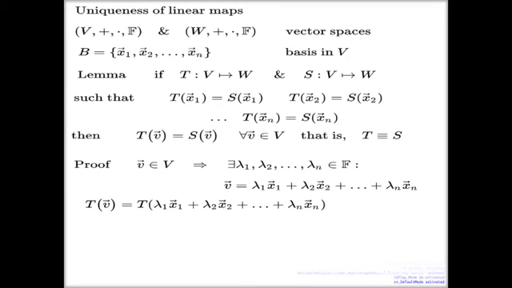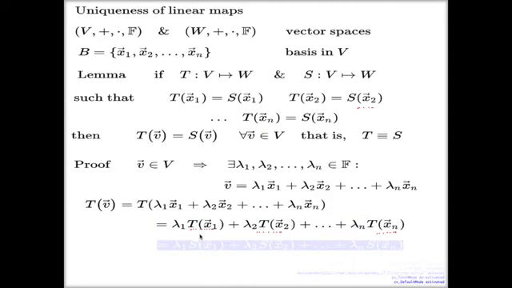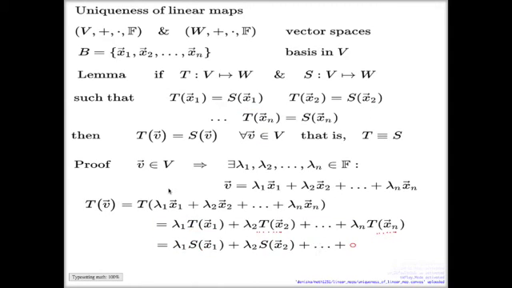You always use A and B requirements of a linear map in combination, like three. So I can apply my linear map individually to every vector and put the scalars after that. Now, given that on basis vectors my T delivers the same value as S, I can replace every T of x1, T of x2, T of xn with S of x1, S of x2, S of xn. This is where we use this assumption of my lemma.